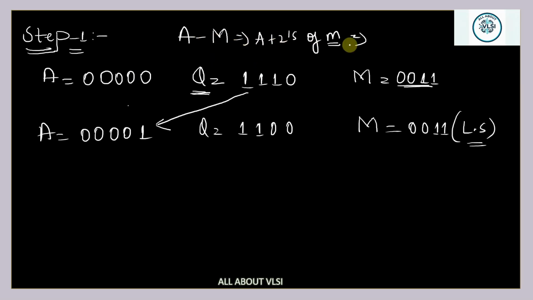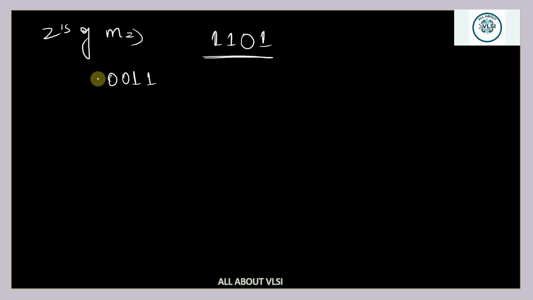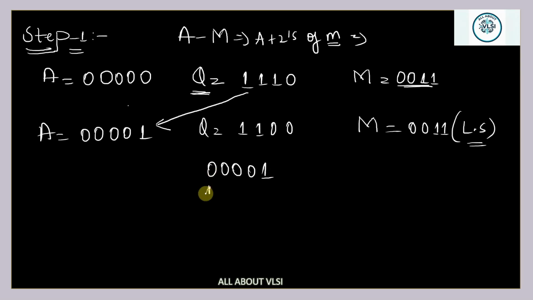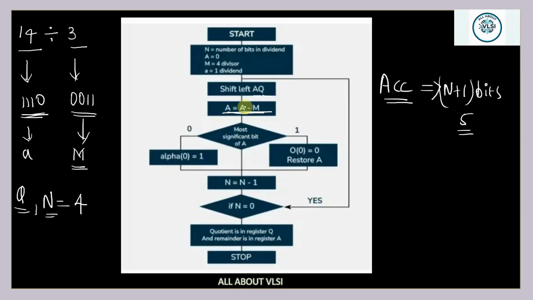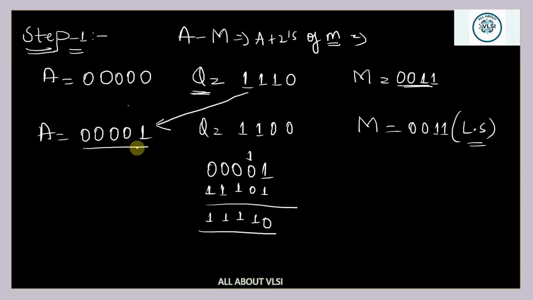So instead of subtracting, I can add 00001 with the 2's complement of M, taking a total of 5 bits, which is 11101. If I add this, I get 11110. This is the final value of A equals A minus M, and it is stored inside the accumulator.